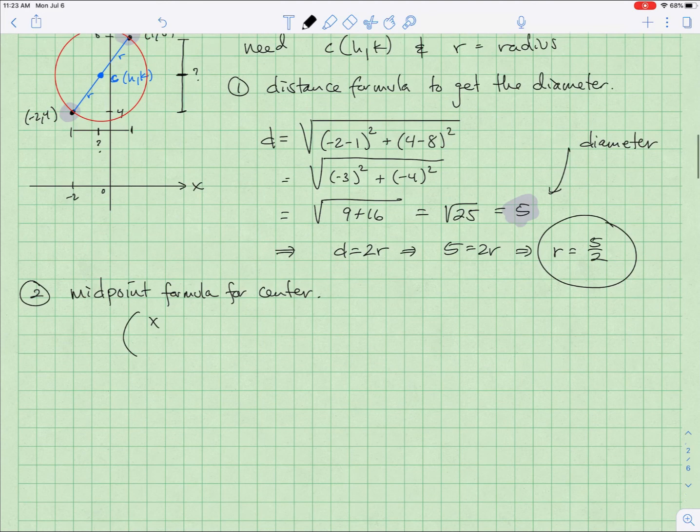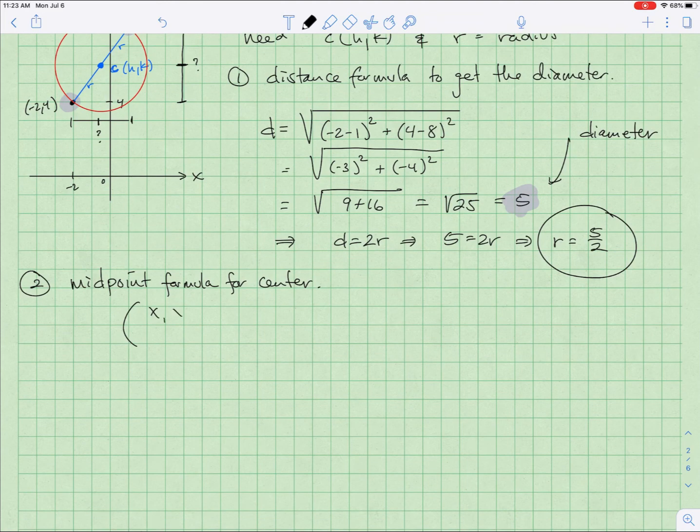And so we're going to get those by averaging them. We'll take x1 plus x2 and average them by cutting that in half. And then we'll take y1 plus y2 and average those values.